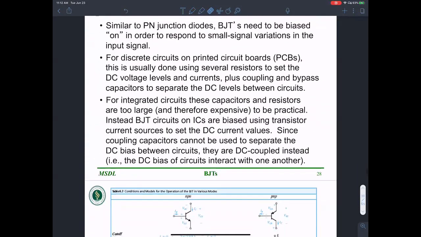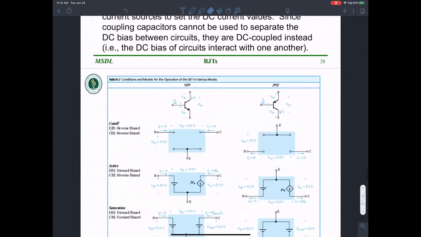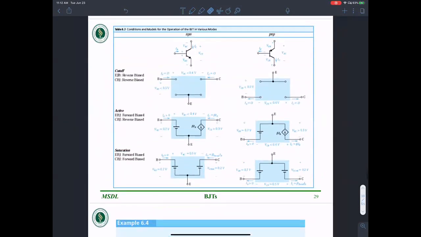When it comes to biasing BJTs, here is a summary of the different regions of operation. When we are looking at a BJT or MOSFET as an amplifier, we like to operate in the active region.